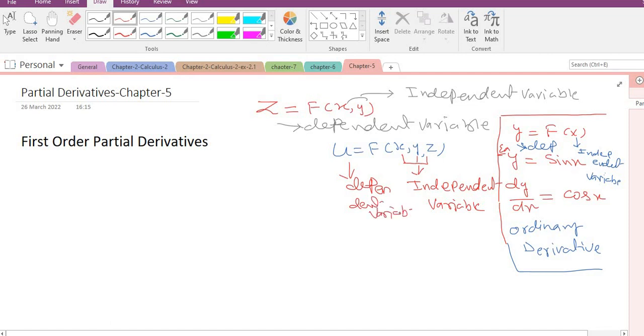If I try to find the derivative of this type of function, it is called a partial derivative.